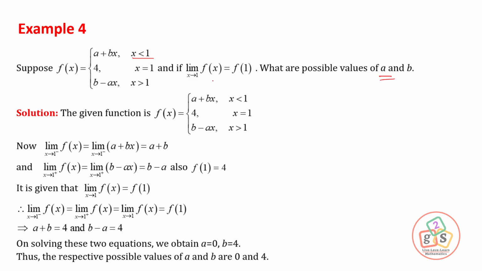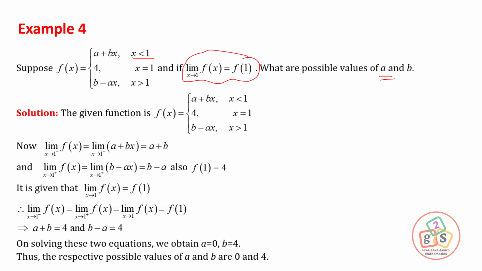So here, what is the meaning of this? Limit x tends to 1, f of x is equal to f of 1. What is the meaning? It shows that the limit exists and is equal to f of 1, which means the function is continuous at x is equivalent to 1. So by using this, we are going to find out the values of a and b.